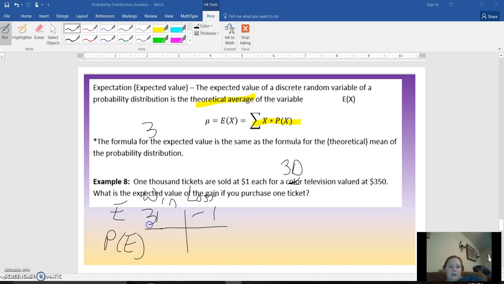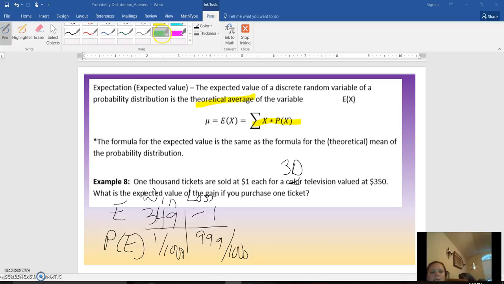If you win, you've won $349 because you paid $1 to play it. And then the probability of winning is 1 over 1,000. Probability of losing is 999 over 1,000.